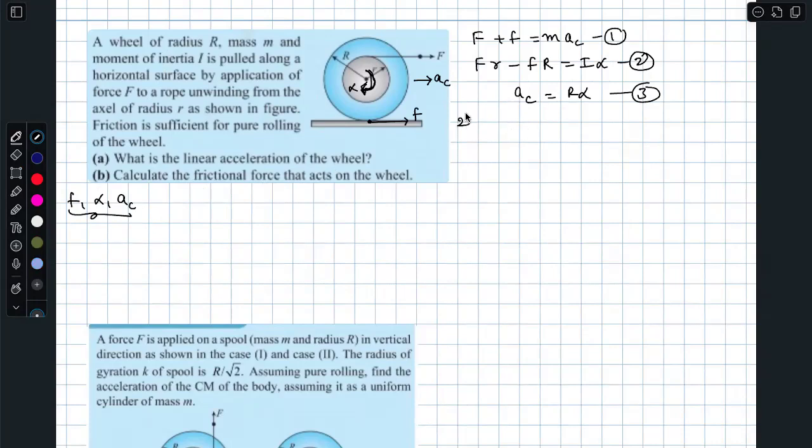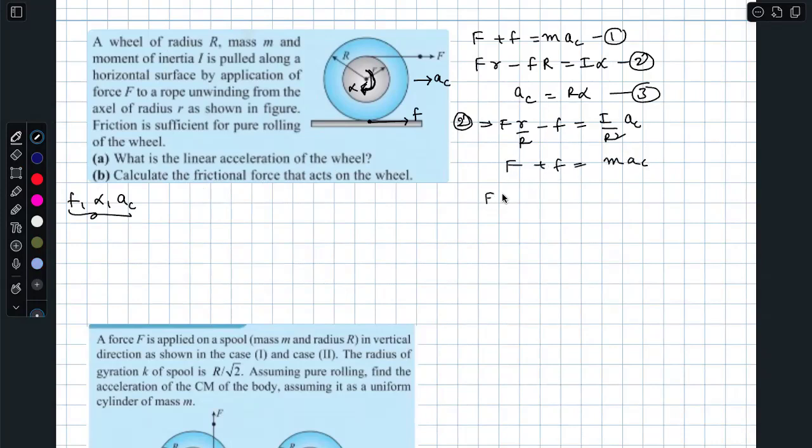Now equation 2 can be modified like this: F into small r by capital R minus f is equal to I by R square AC. Now you have F plus f is equal to MAC.